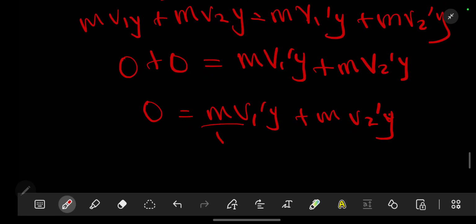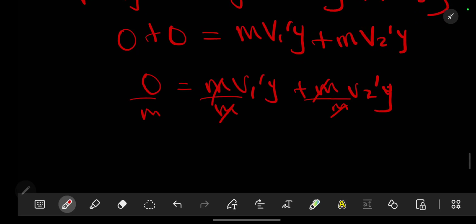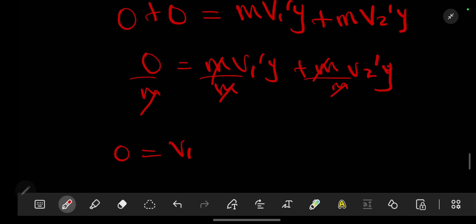So we divide our m throughout so that we have 0 should be equal to v1 cap y plus our v2 cap y.